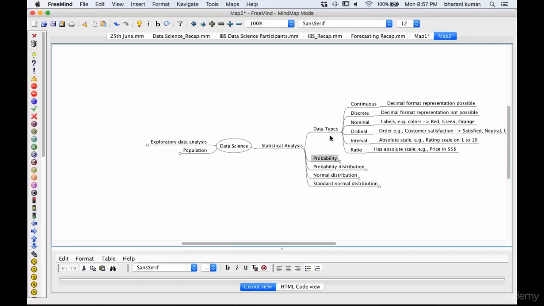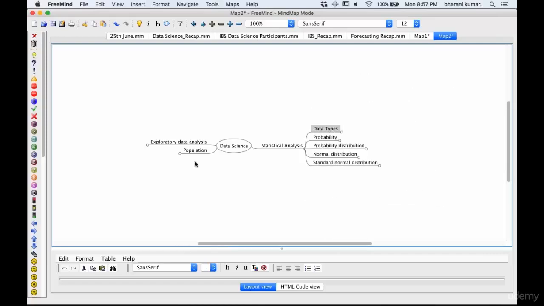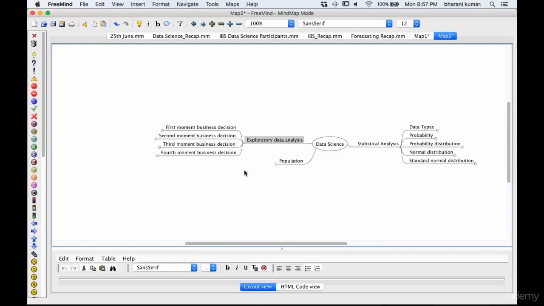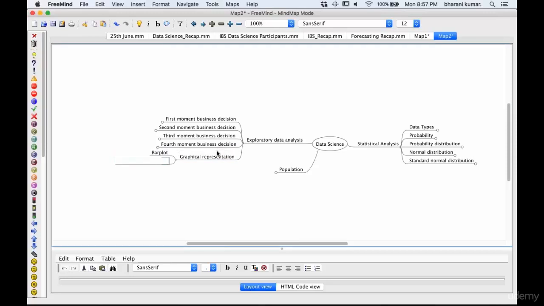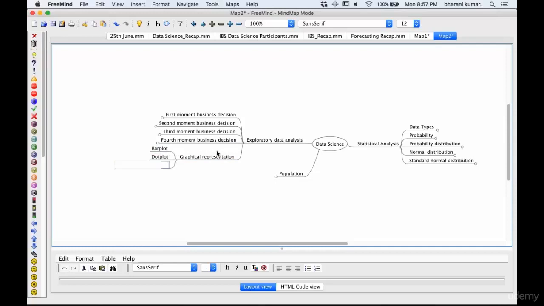Post which we have also discussed, as part of exploratory data analysis, the graphical representation. As part of graphical representations, we need to perform maybe bar plot, maybe dot plot, histogram.